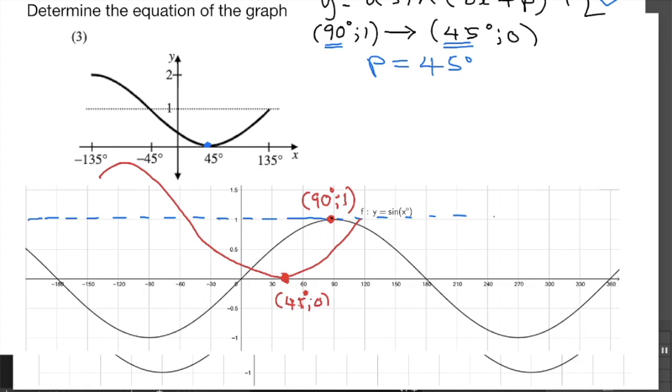So from 90, 1, there should be a reflection along the x-axis. But if I reflect this along the x-axis, I will obviously go to 90 and -1. So I'll come here. That will be the point I get after reflecting 90 degrees, 1 along the x-axis.